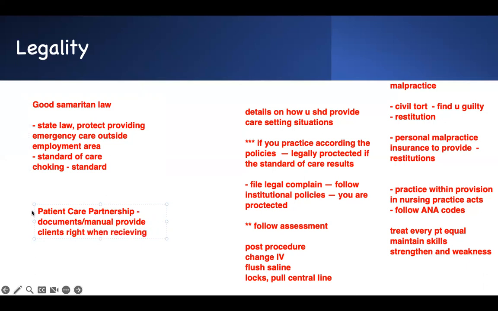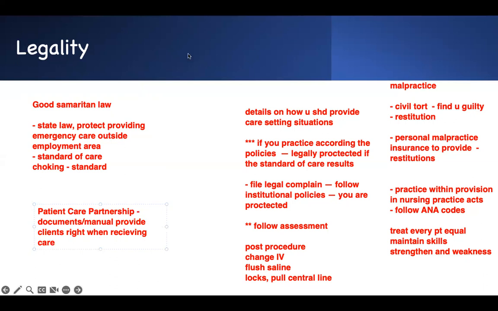It's different from your Bill of Rights. When you're in an institution, they give it to you and say, these are your rights. People are not going to come to your room and harass you. You have a right to refuse care and all those things. Those are the patient care partnership, between the patient and the hospital.